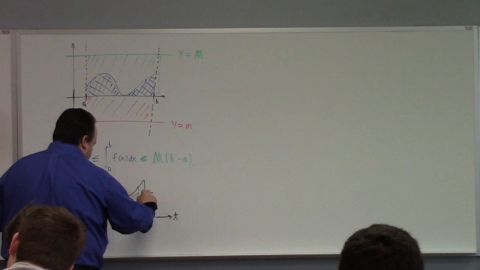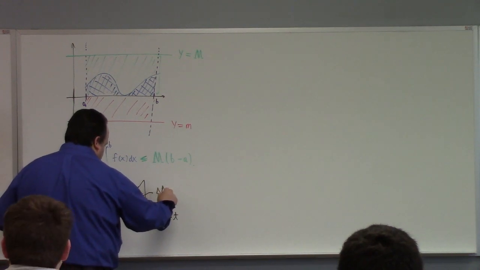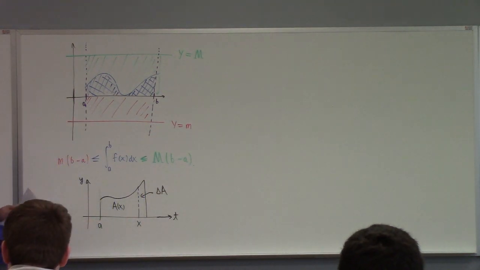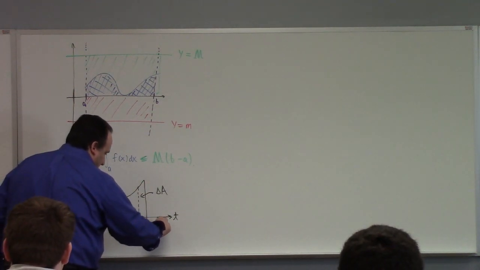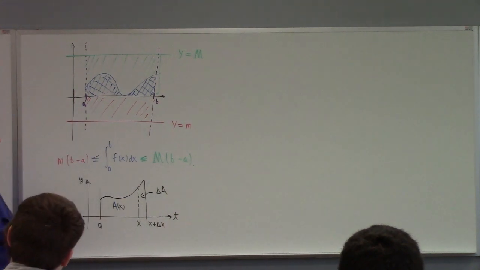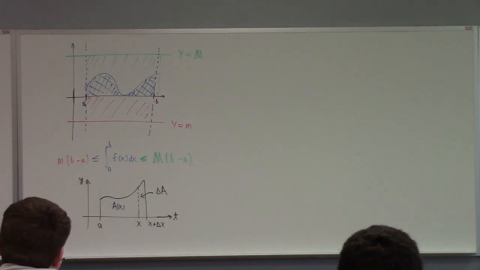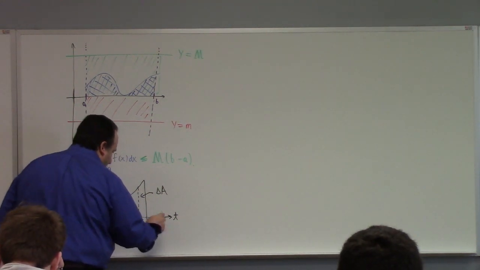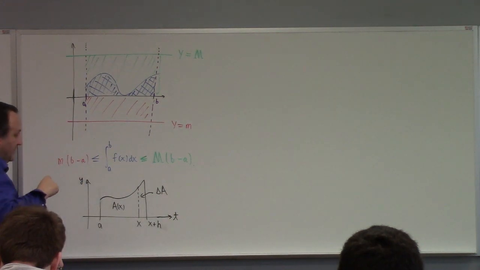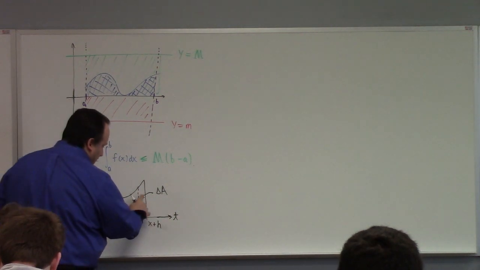and this right here would be delta A, a little bit more area. The extra bit of area that goes from x to x plus delta x, like that, right? But instead of using delta x for this argument, we're going to swap out delta x for x plus h. And so this is x plus h, let's say.